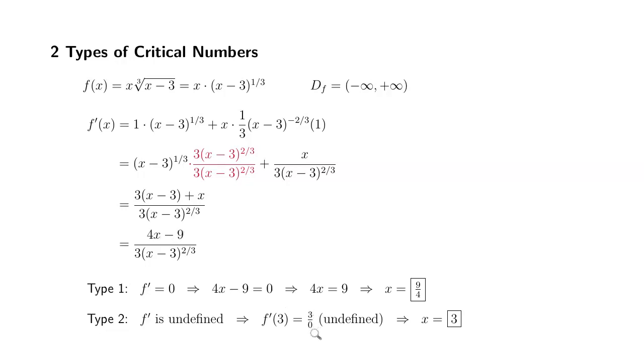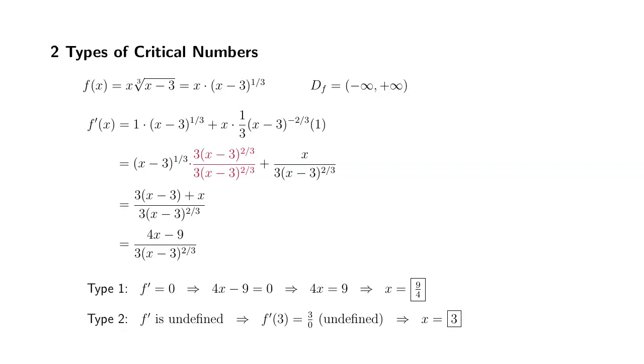So 3 over 0 is definitely undefined. Therefore, x equals 3 is a critical number of type 2. So we have two critical numbers: the first one is type 1, the second one is type 2.